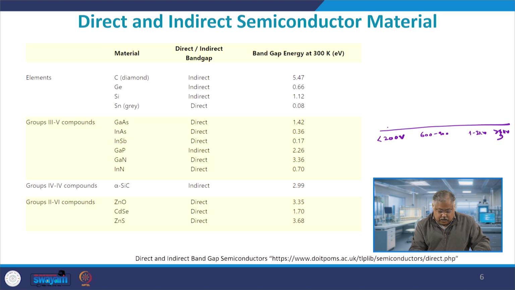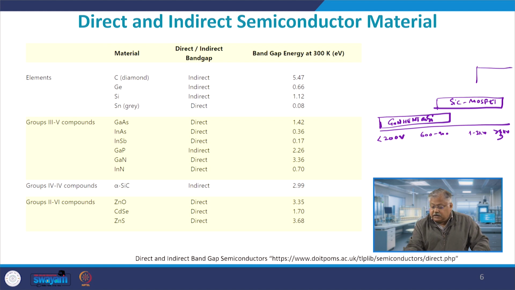Then basically from here till this point, most of it is a GaN based HEMT on silicon. Then if you start from here till here, you have silicon carbide MOSFETs, and then you also have at this stage Ga2O3, which is gallium oxide based designs.